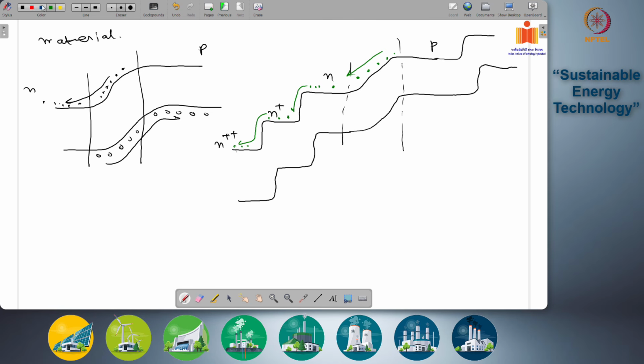Similarly, on the hole side, you have holes that are being produced here, and these move upwards to here, and then these go up into a P plus zone. So this region is P plus doped, and this goes into the back contact. Okay, so this is a kind of continuous potential gradient.